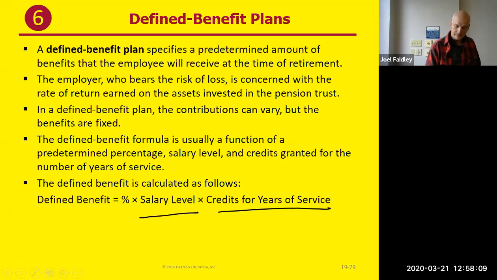What's your salary level? Is it an average of all your salaries, or is it the last 5 years? You know, Social Security, when they calculate your salary, I believe they use 38 years, your highest 38 years.